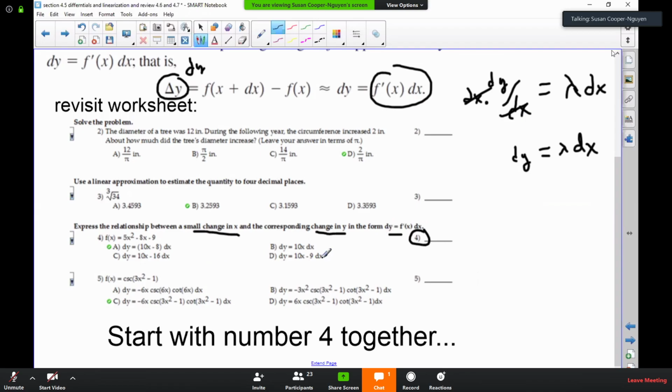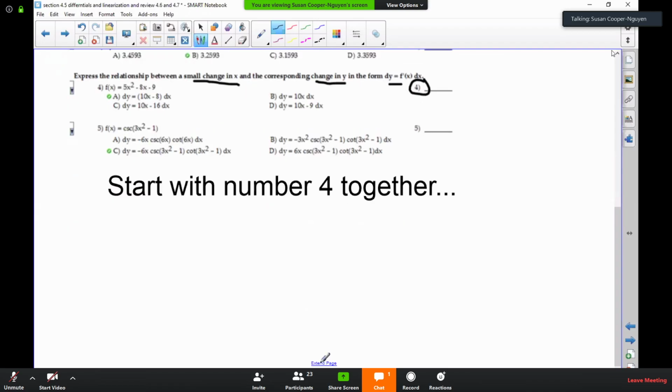Okay, so let's go for it here for number 4. I'll just rewrite it down here. For 4, we're given that f of x is 5x squared minus 8x minus 9. We know the derivative, but instead of saying f prime of x, I'm going to say dy dx.